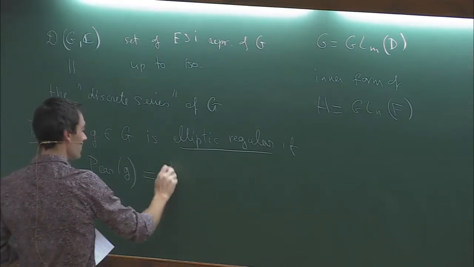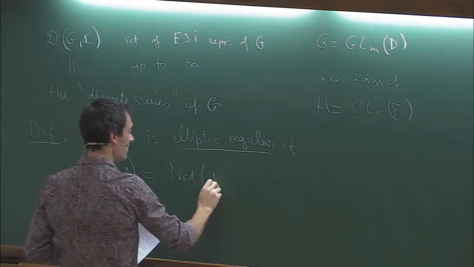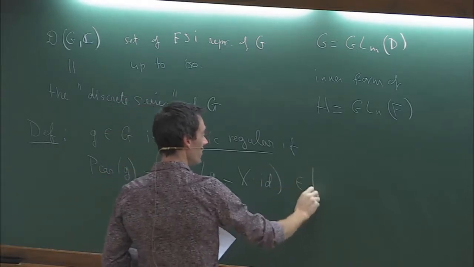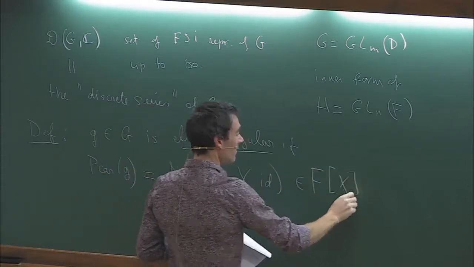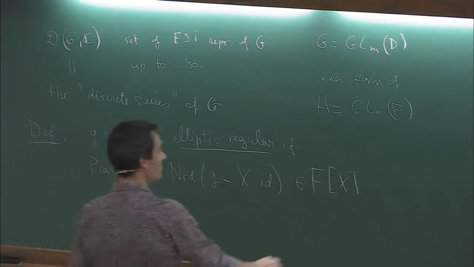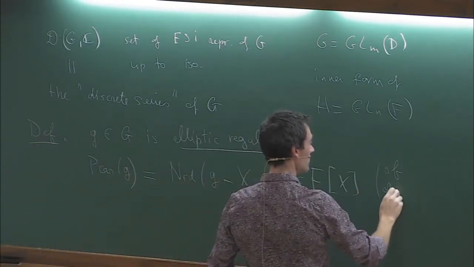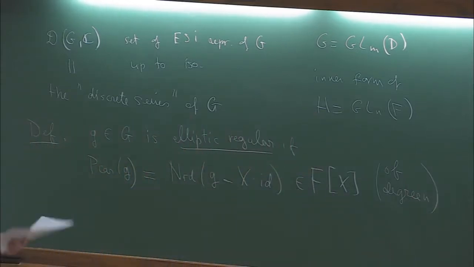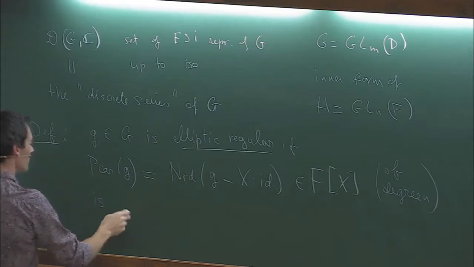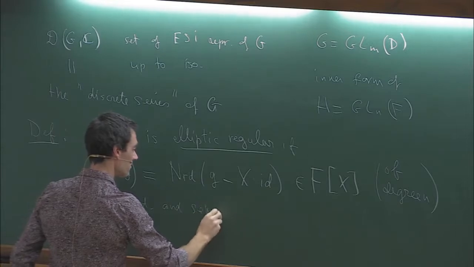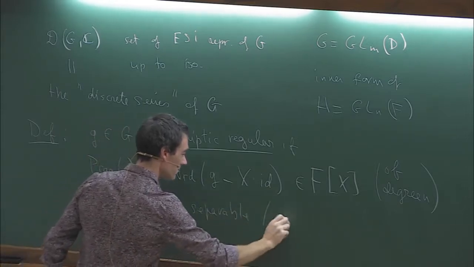So you consider the reduced norm of g minus X times identity. This is a polynomial with coefficients in F of degree n.